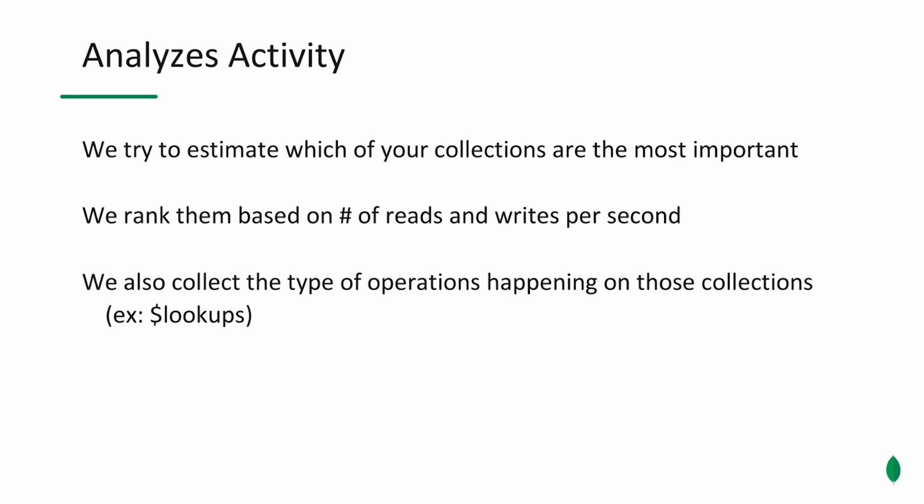And we also look at the type of operations happening on those collections to understand the composition. So for example, we would look for what percentage of those operations are aggregation queries, and what percent of those operations are using lookups, for example, in aggregation queries, etc.